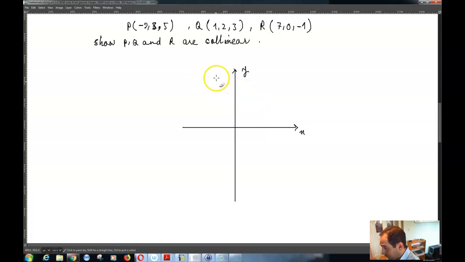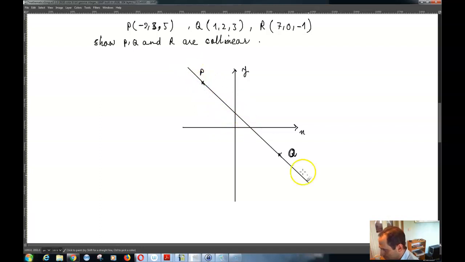If I have any 2 points in the 2D coordinate system, for example this point P and this point Q, then any 2 points which lie on the same plane are collinear, because for any 2 points in the same plane, there is a line that passes through those points.